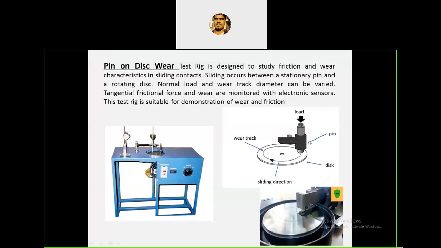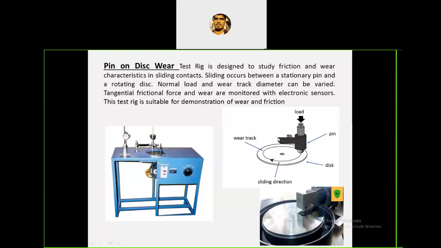We need one testing specimen along with this disc. And here we have some parameters like load and speed. We can vary the load or we can vary the speed. If you vary the load, it will give different results. If you vary the speed, it will give different results.